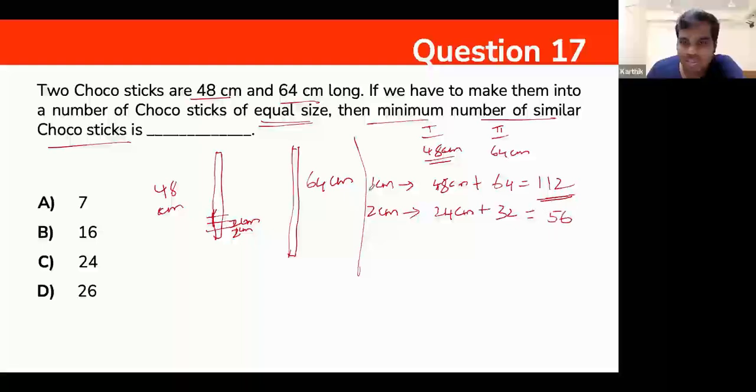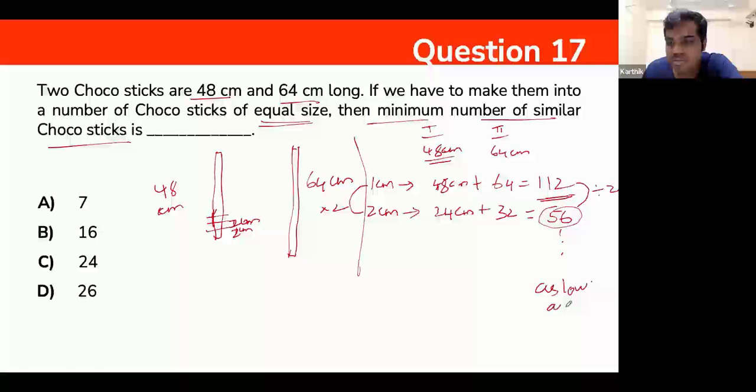Now, if you notice, when I double the length, this number is reducing by half. Correct? So when I multiply this, that is getting divided. So, according to the question, this particular number should be as low as possible.